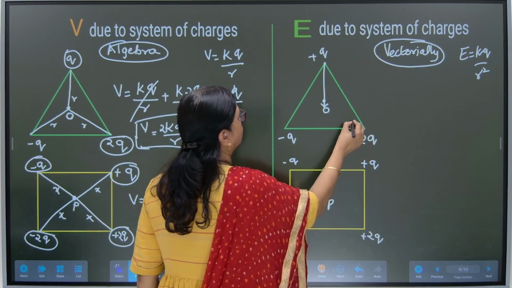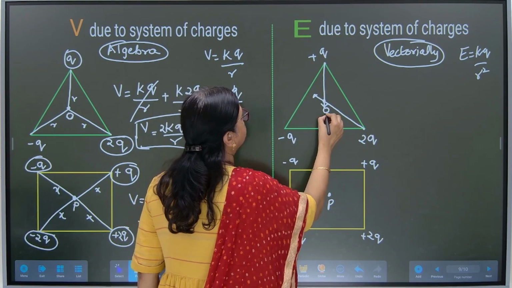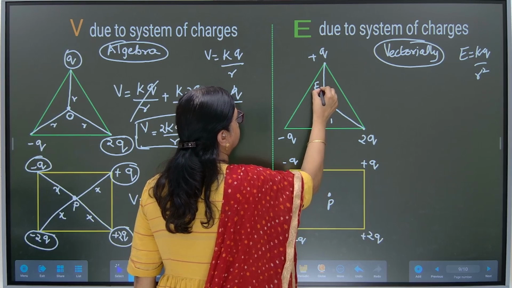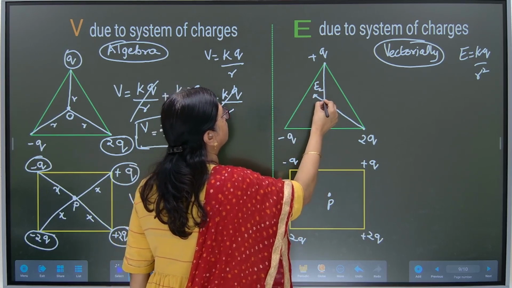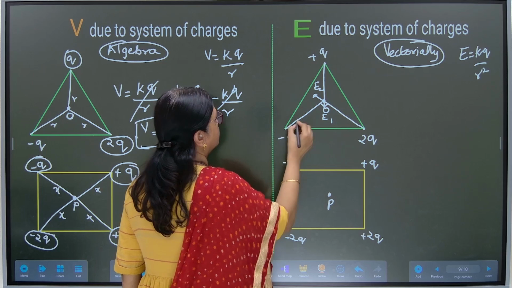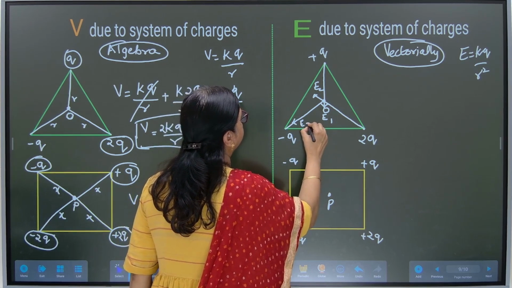Let me name this as E1, and this as E2. Now this charge is negative, so from the point I should come towards the charge. Let me name this as E3.